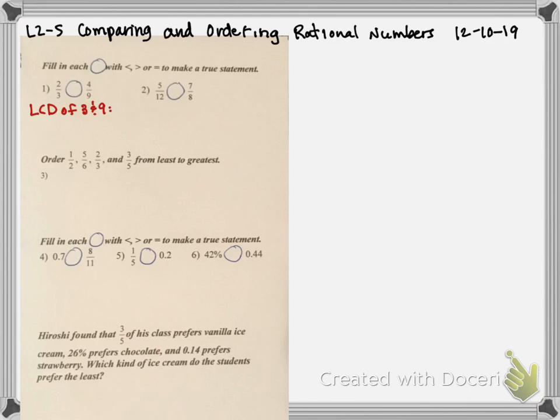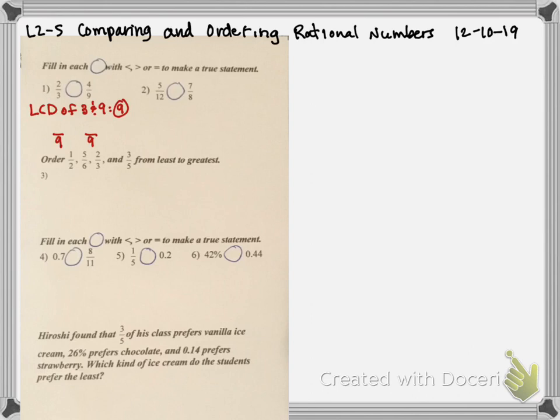And what I'm going to do is test. Can the smaller denominator go evenly into the larger denominator? Can 3 go evenly into 9? And the answer is yes. So that means the LCD is 9. So we're going to create two new fractions with 9 as the denominator.